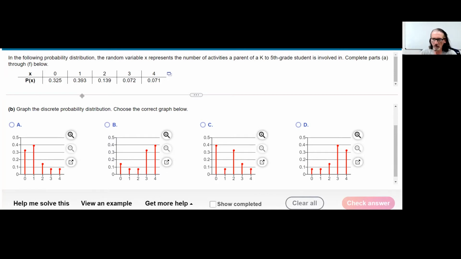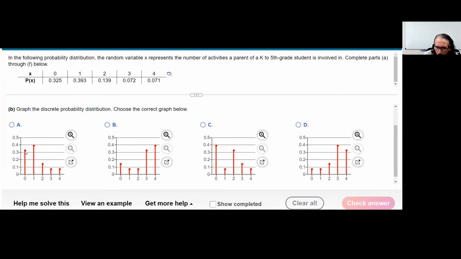You might see something that looks like a histogram, in other words, rectangles, but it's the same basic idea. So we should see going from 0 to 1 an increase, and then a major decrease, and then these two pretty close together. And it seems to me that it's going to be the first choice, but I'm going to look a little more carefully.